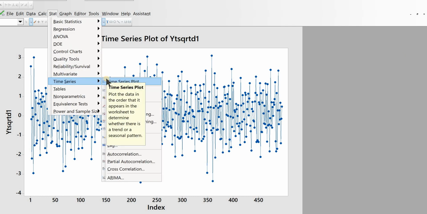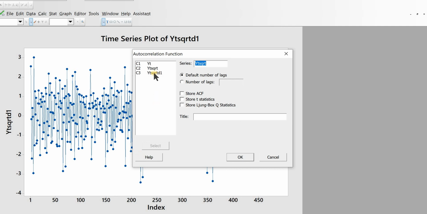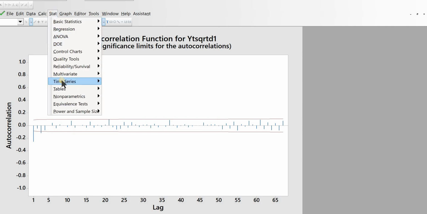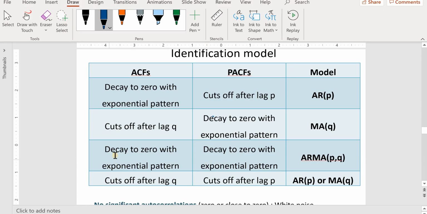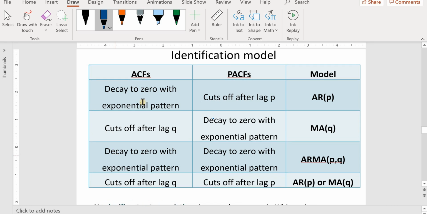So we identify the model by using the ACF and PACF plot. Take the square root and differencing data just now, and this is the ACF, and then the PACF. Let's recall the guideline on how we can identify the Box-Jenkins model by using the ACF and PACF plot.